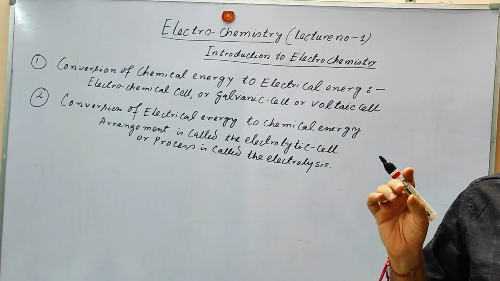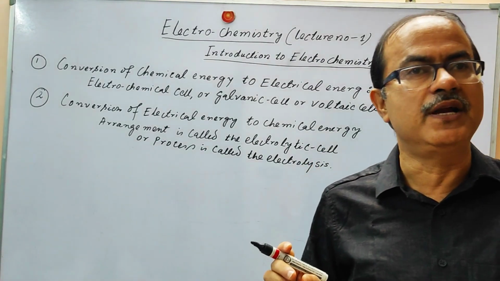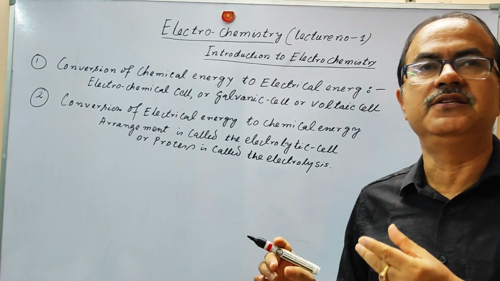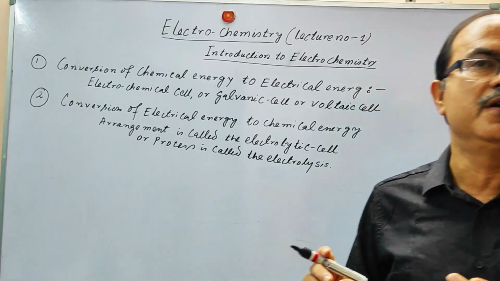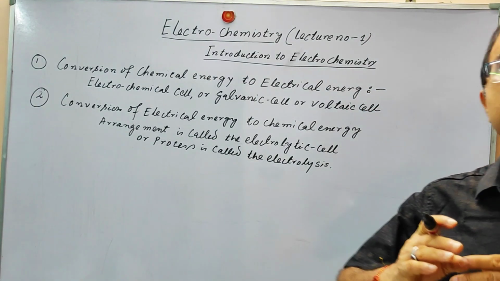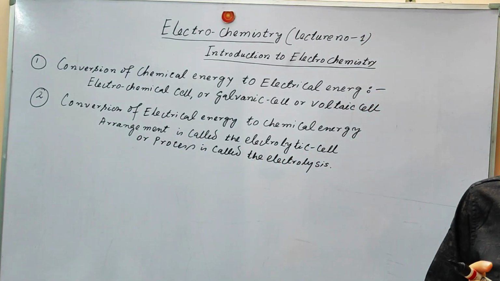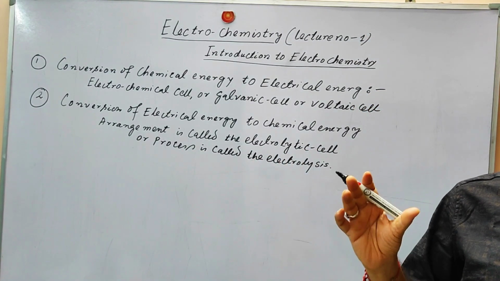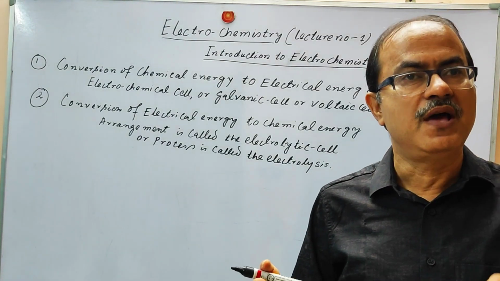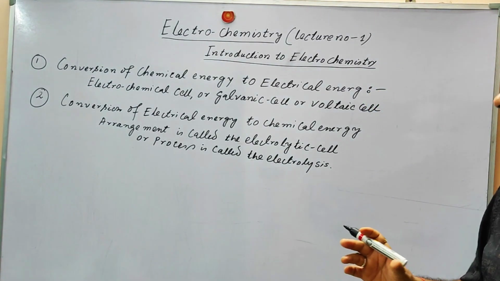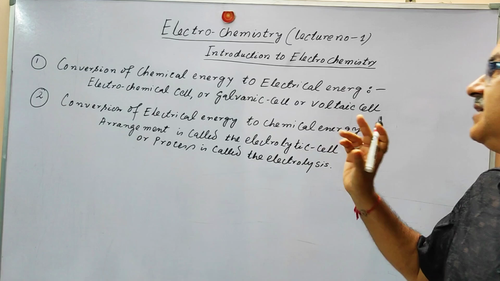This is the arrangement by which we can do that: flowing electric current through a solution, we are able to disintegrate it into different substances. The process is called electrolysis, and the arrangement is called the electrolytic cell.